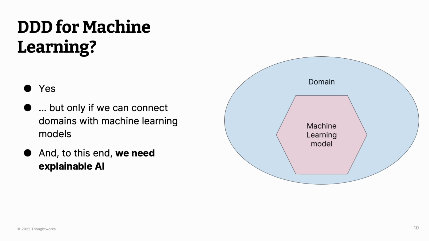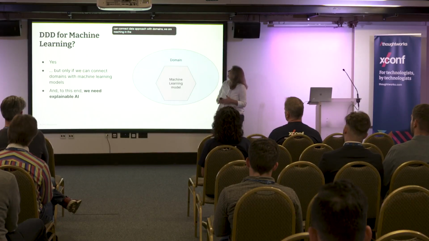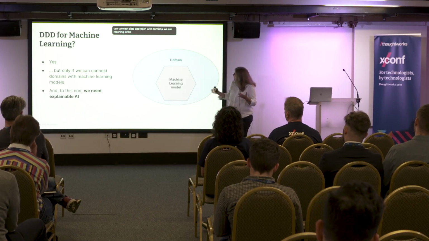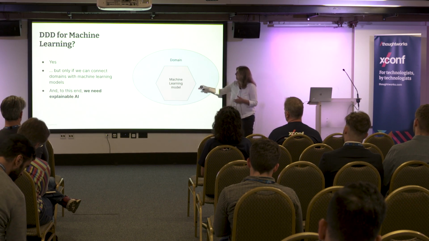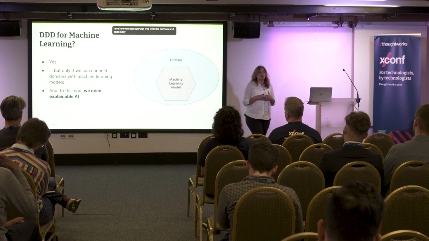No? Here the challenge is, here we can connect data products with domains because we are getting input data from operational systems or whatever using the domain language. But here, how can we connect this model with the domain? Especially when the machine learning model is a black box model.